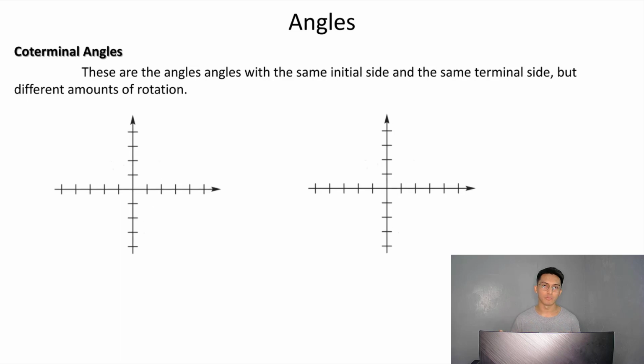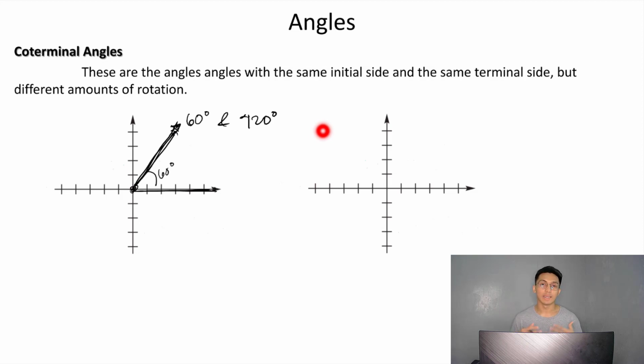Let's say, for example, we have to compare 60 degrees and 420 degrees. Kung susukatin natin 60 degrees, nandito siya sa part na to. And this is 60 degrees. Now, this is the initial side and ito yung kanyang terminal side. This is the vertex.